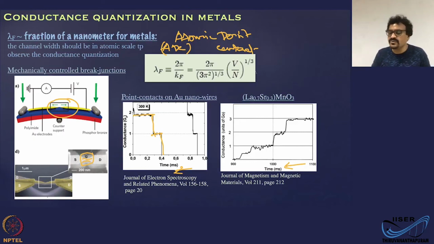So the action of breaking or pulling this wire is breaking the connection between the two sides, atom by atom. And every one of those is going to give you a step in the transport. So that is the technology and physics of the atomic point contact, or in short, APC.